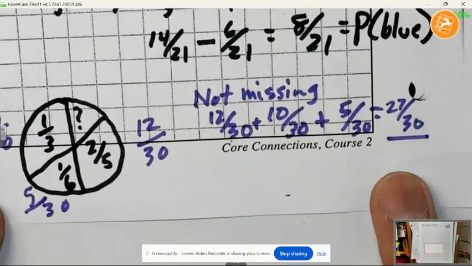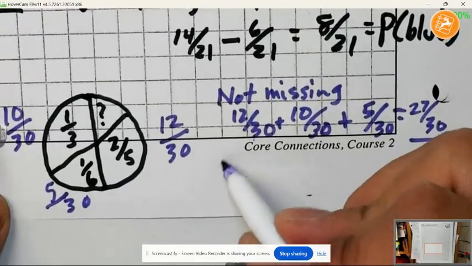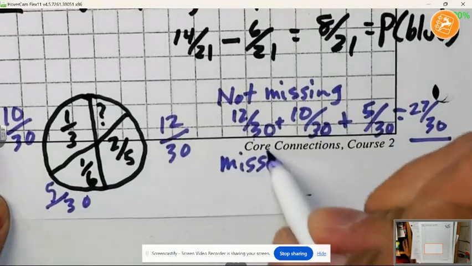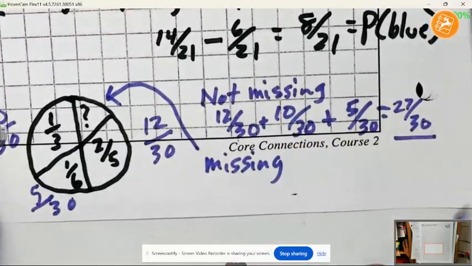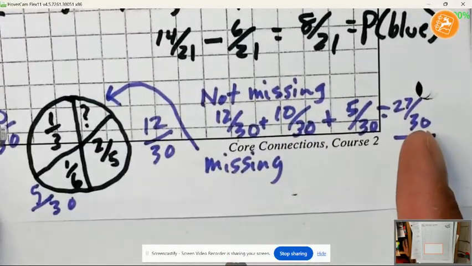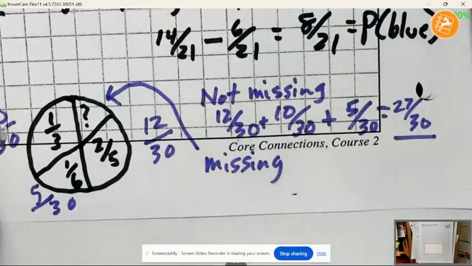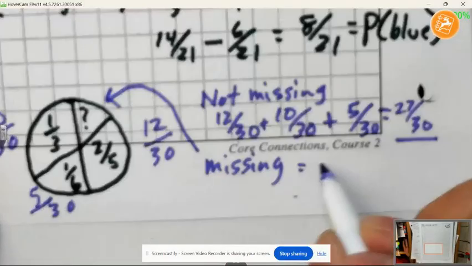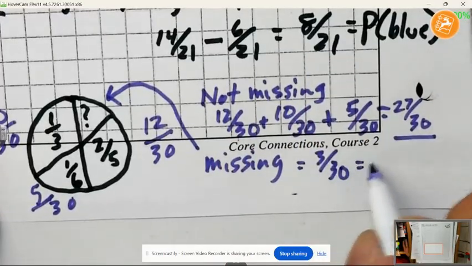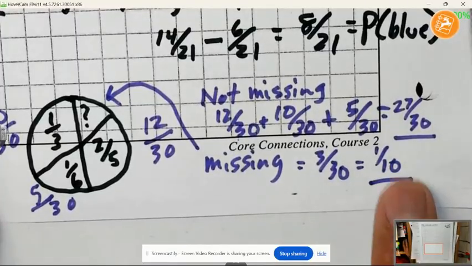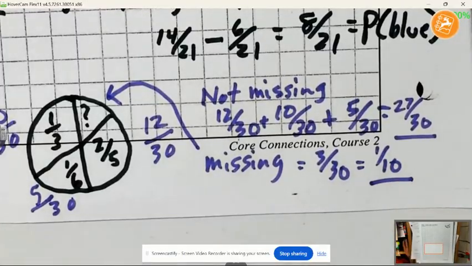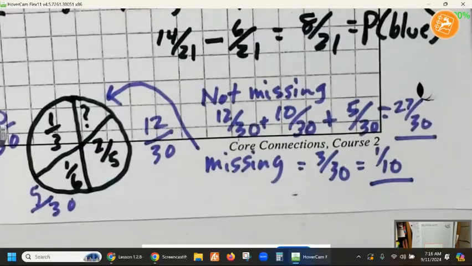This is what's not missing. That means what is missing, the part of the spinner that is unknown, is the rest of it. If we have 27 out of 30, there's 3/30 left, which is 1/10. So here's the missing portion. And that's it for today's notes.